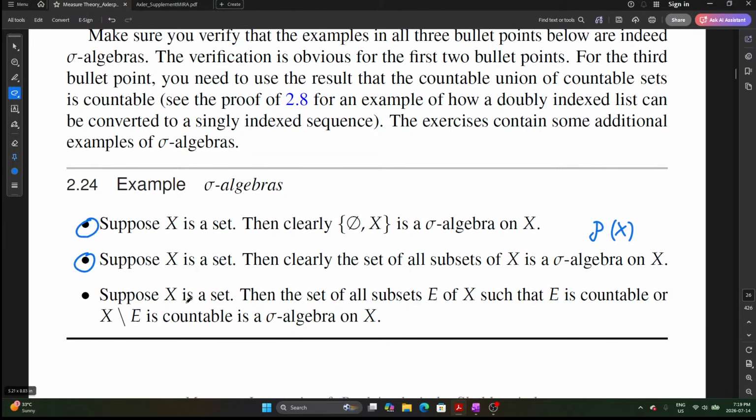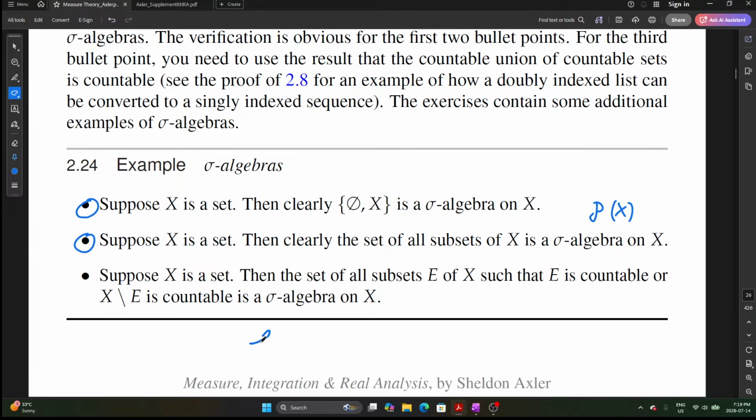Let X be a set. The set of all subsets E of X such that E is countable, or the complement of E is countable, is a sigma algebra on X. So let's write that. This is S. S in the third bullet point is defined as E subset of X such that E is countable or X minus E is countable.